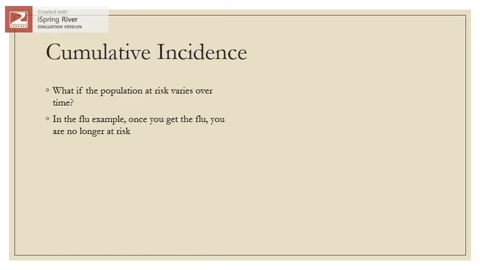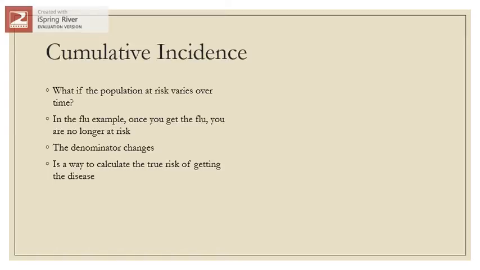So really, during the rest of flu season, you're not at risk. And if a lot of students are getting the flu, the number of students at risk of flu actually goes down throughout the course of the flu season. We need to account for that to get a true estimate of the risk of developing the flu in the Samford dorms. So then we would calculate what's called the cumulative incidence.